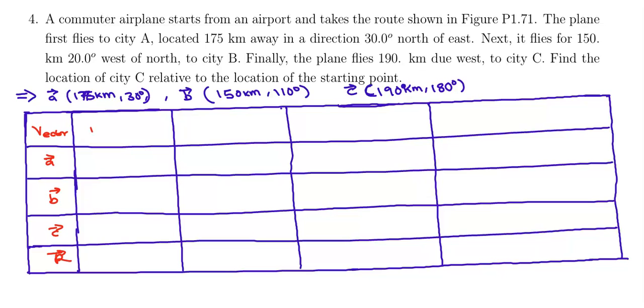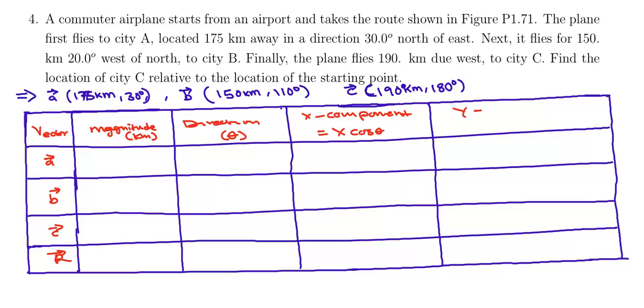Here we are going to have the magnitude, which is in kilometers. Here we are going to have the direction, in the form of theta. Here we have the x component, which is given by the magnitude times cos theta.